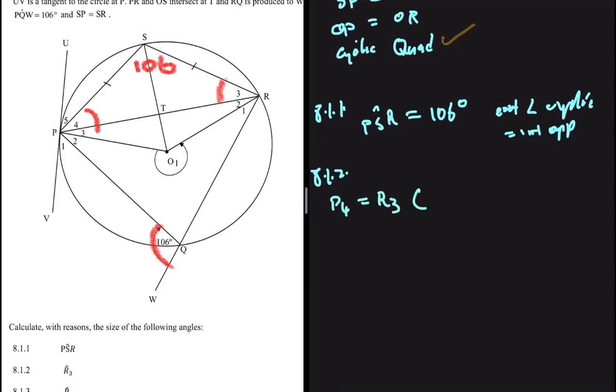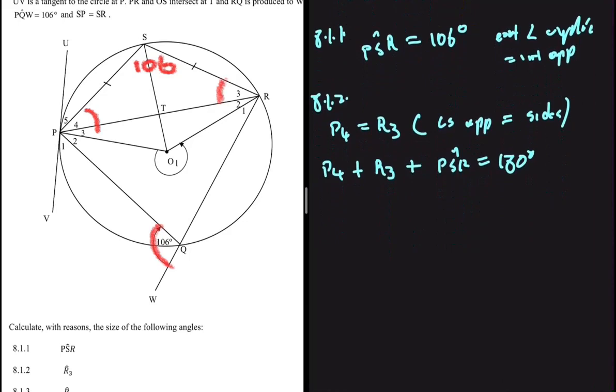Let's start here first, and then we can see that angles opposite equal size, they should be equal to each other. So now we can say that P4 plus R3 plus PSR is equals to 180 degrees, the sum of angles on a triangle.